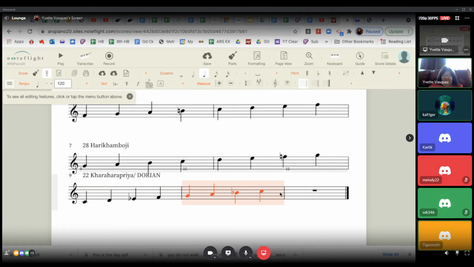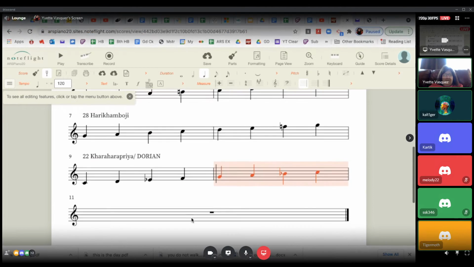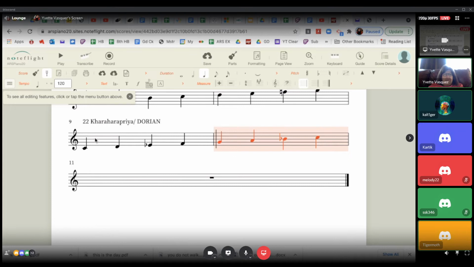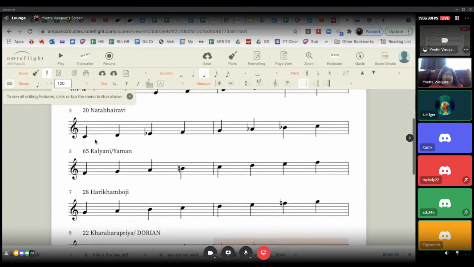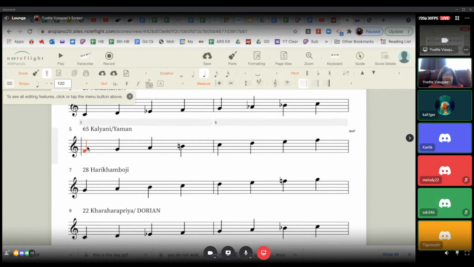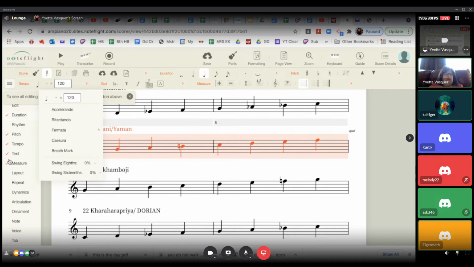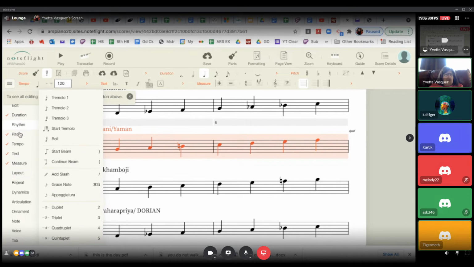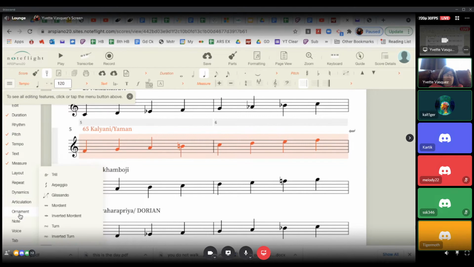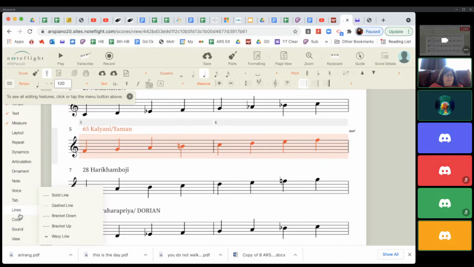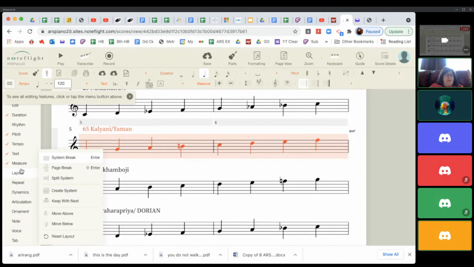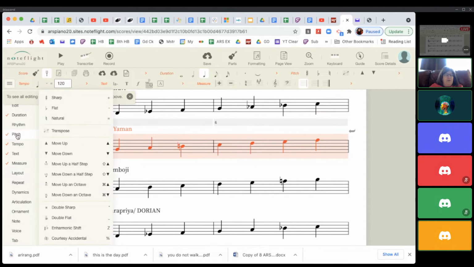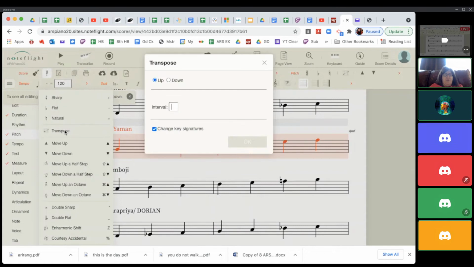If you don't mind, Yvette, before we go down, can you put the mode names for the others as well, please? Yes. So that was your Lydian mode, and then the next one was Mixolydian mode. I know how to spell Lydian, but I don't know how to spell Mixolydian. So, I'm looking for a way to do this really quickly. Hold on.